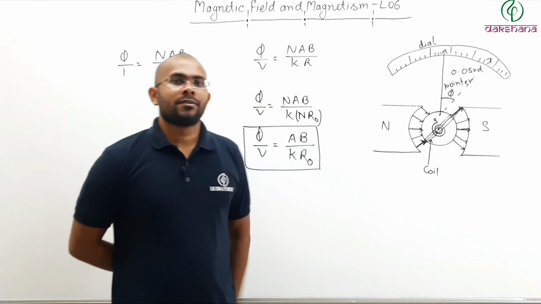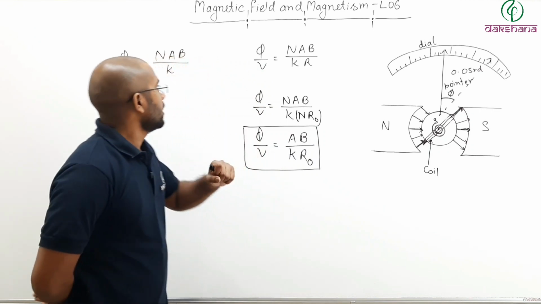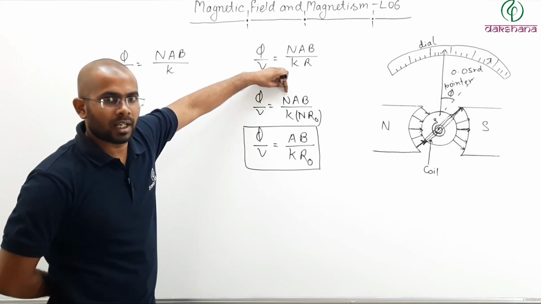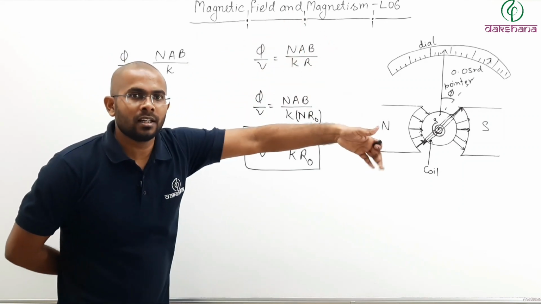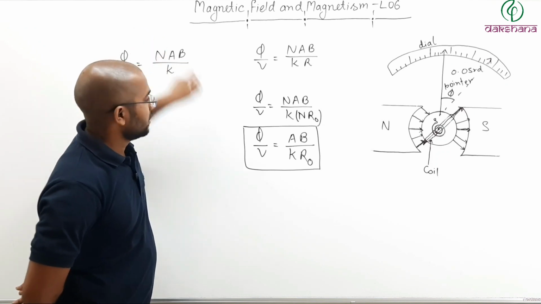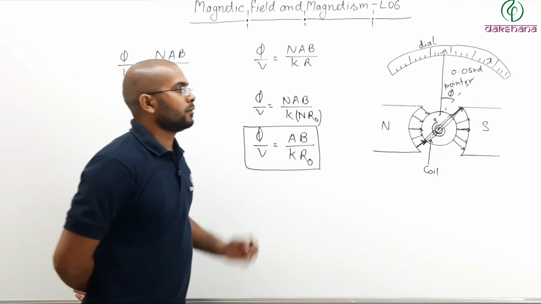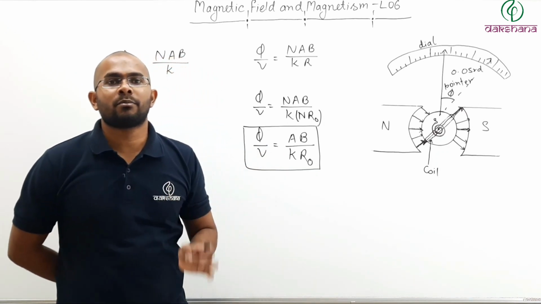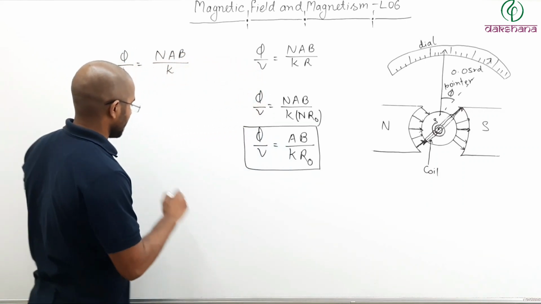So when you increase N, the number of turns in the coil, the current sensitivity will increase, but voltage sensitivity will not increase. Why? Because voltage sensitivity is independent of the number of turns in your coil. So you can write that here.